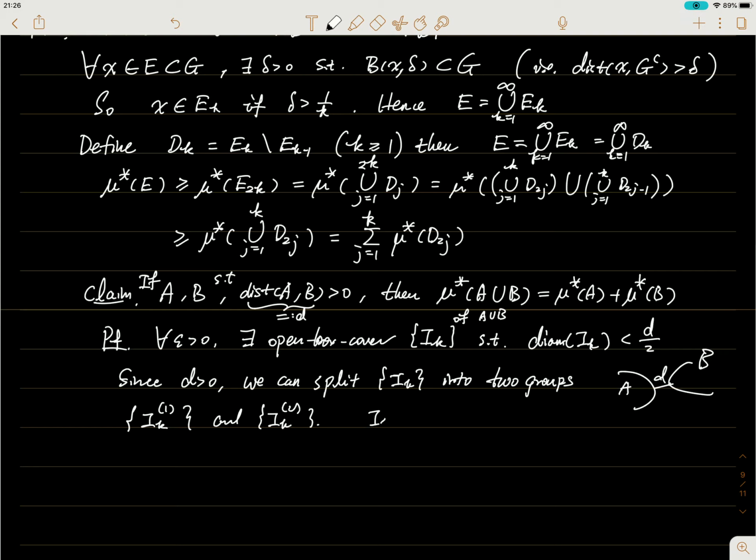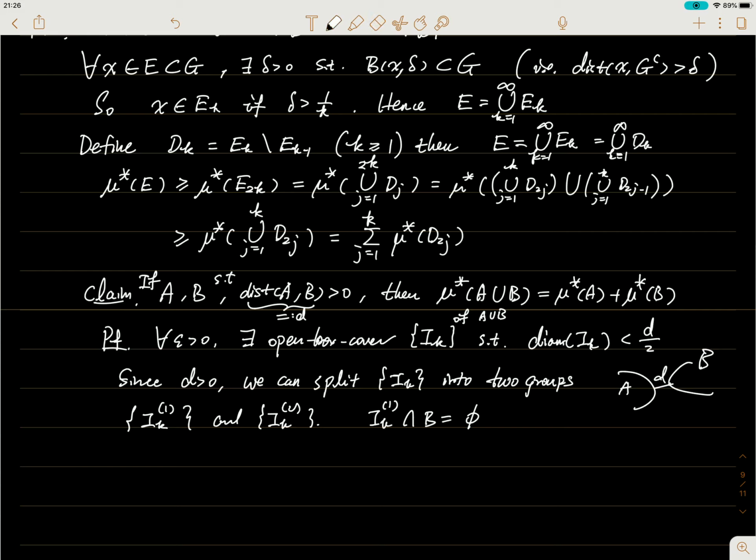So the I_k1 will not overlap with the B, will be equal to empty.